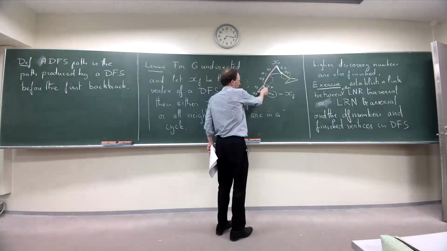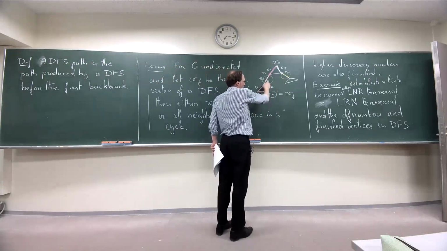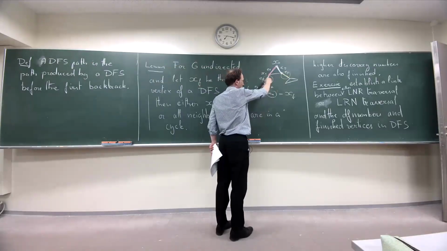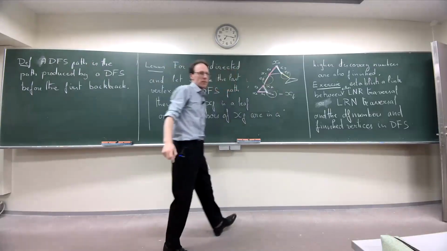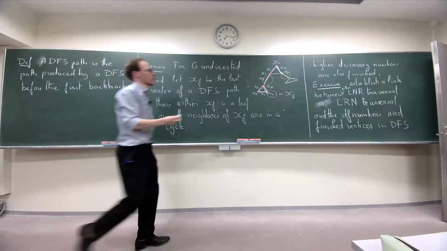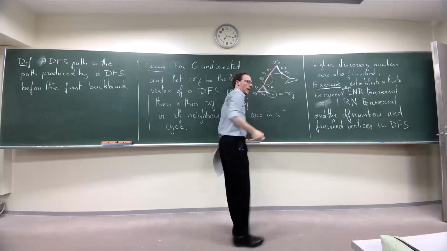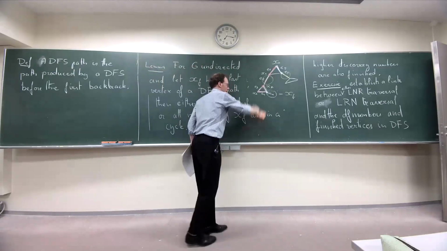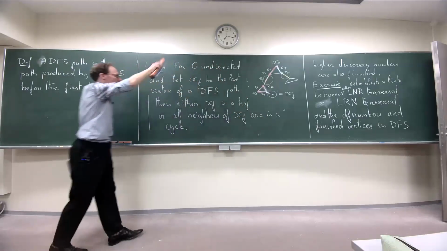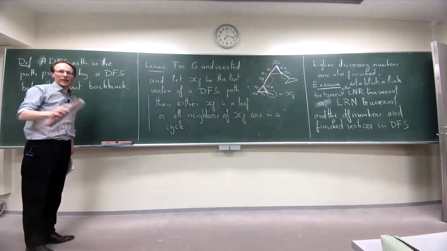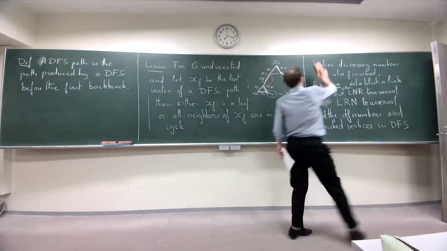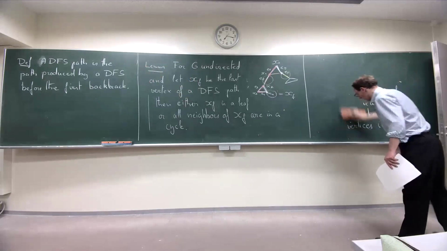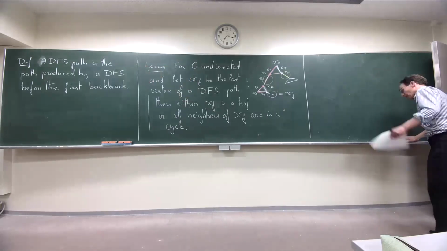I create a cycle, and by definition, a cycle cannot cross a bridge, because the definition of a bridge is that whenever I cut it, I have a disconnected graph. Okay, so let's keep this in mind. These DFS paths allow us to find cycles. I told you it's a rather long section because we need a few ingredients. This is one of them.